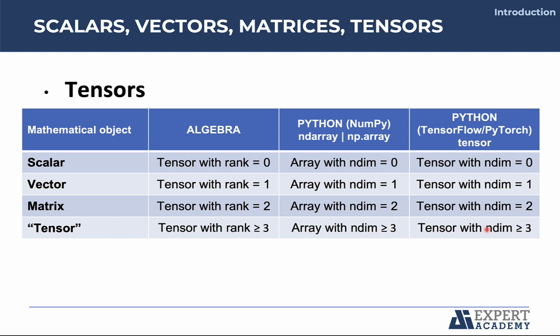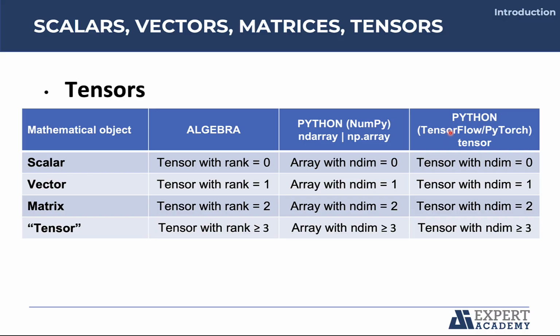In TensorFlow and PyTorch, tensors are special implementations with optimizations to improve performance and facilitate the calculation of gradients for the backpropagation step of neural networks.